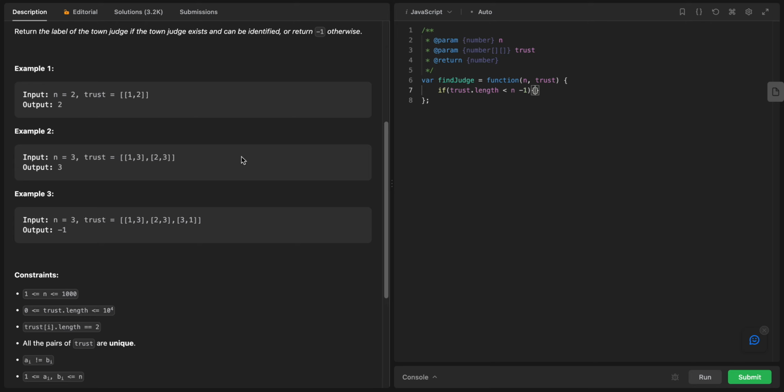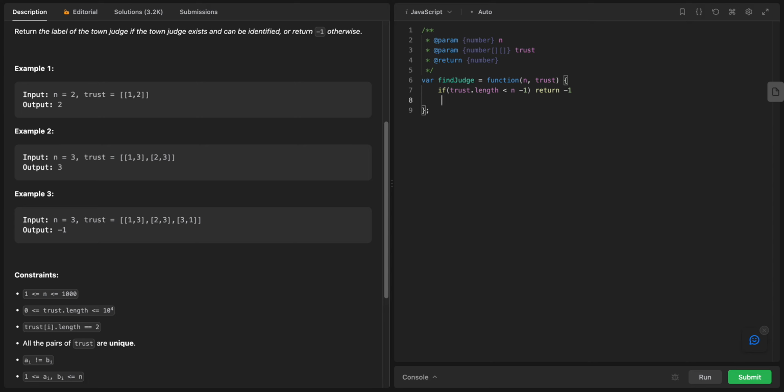If it's less than that, there's no need to continue, we return false, because there is no one that is trusted by everyone. So let's continue. It's n minus 1. We should return -1, not false.